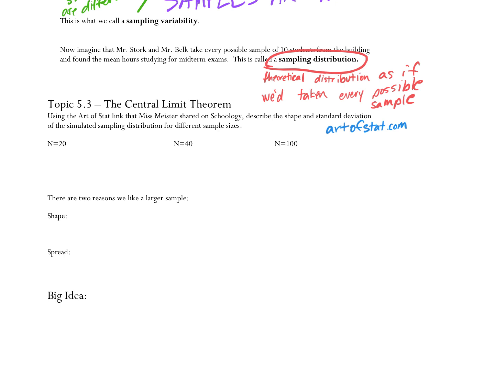Everybody good? All right. Now, when you're at Art of Stat, scroll down and click over here where it says Online Web Apps. Go ahead and pick Online Web Apps. We're going to scroll quite a bit, till you get to where it says Sampling Distributions in the Central Limit Theorem.